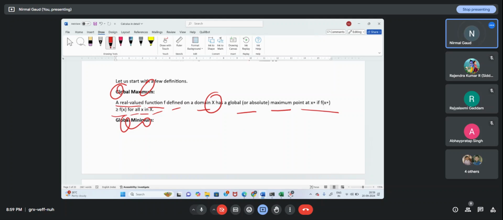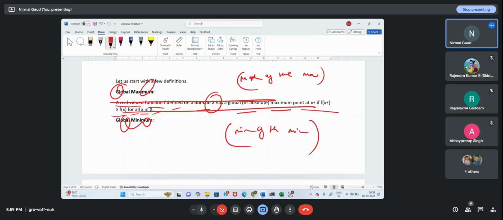Global means the max of the max value. Don't go by this definition, because I also don't understand too much English. Max of the max, and min of the min. That is global minima. This is global maxima.